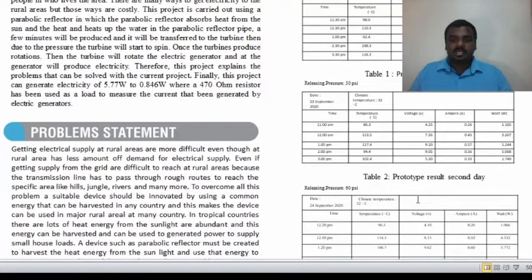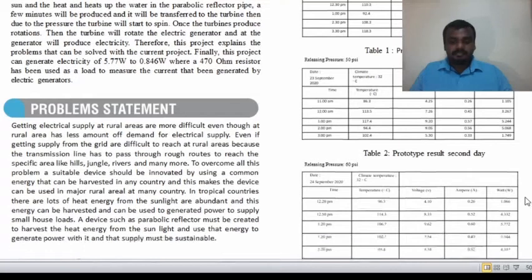The maximum power I got on that day was 5.22 watt at 1 p.m. At that time, the temperature on the parabolic mirror was 117.4 degrees Celsius, and the weather temperature was 32 degrees Celsius.